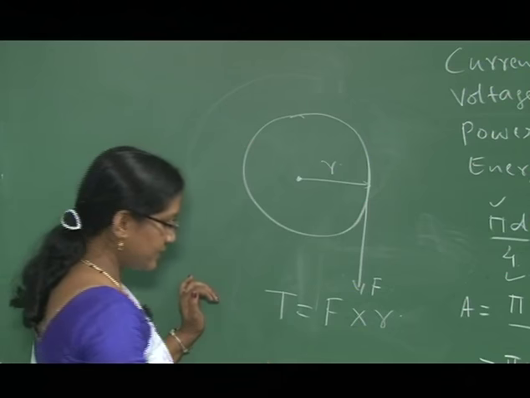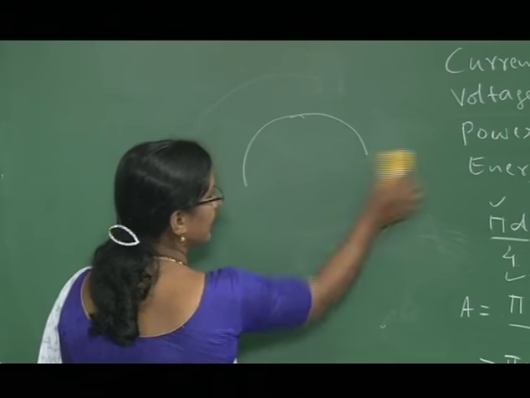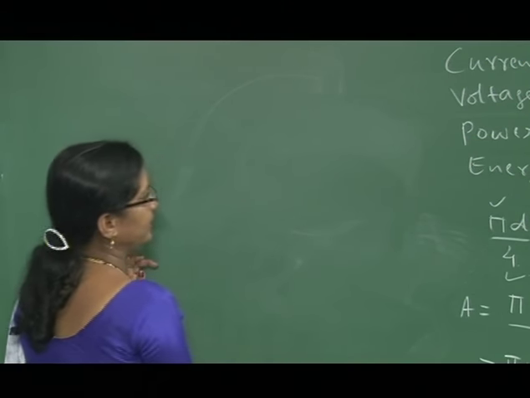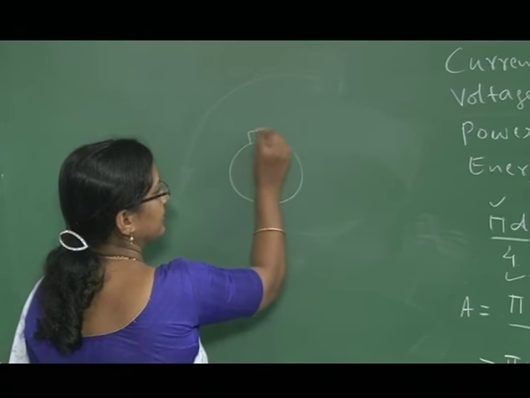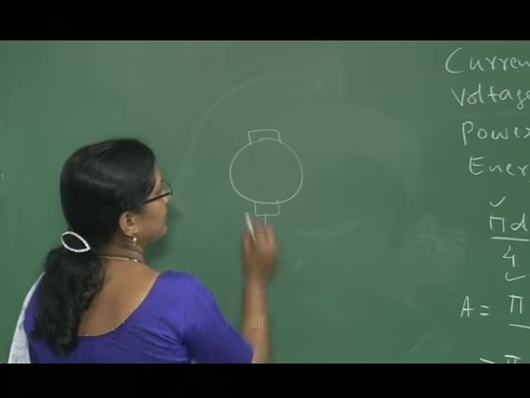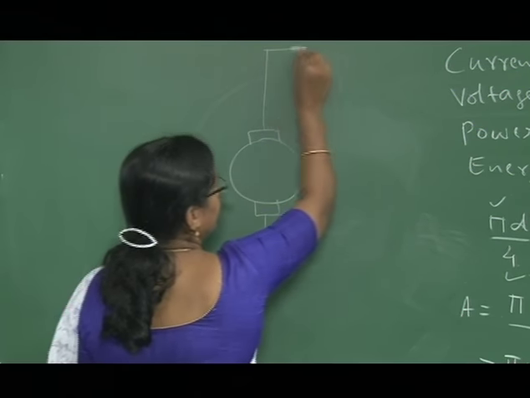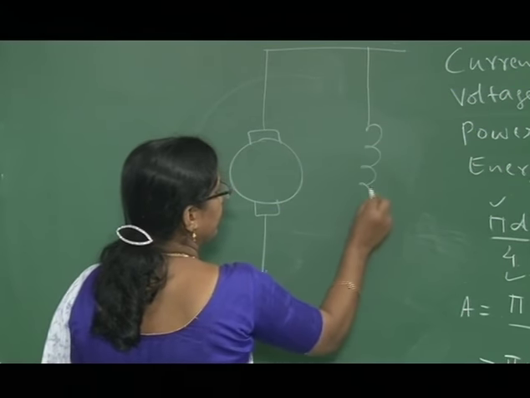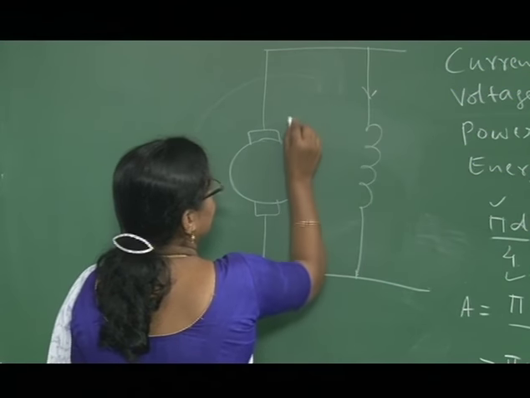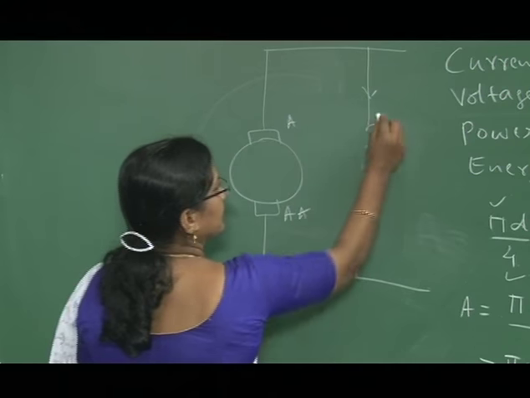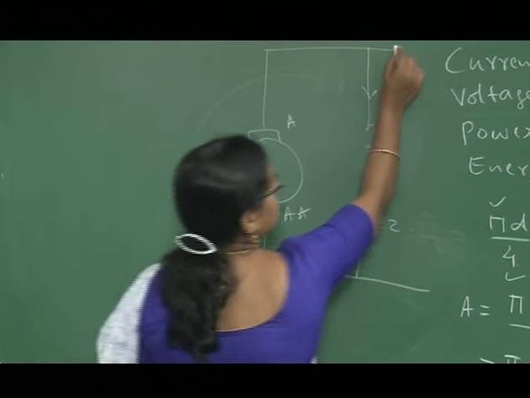I also explained the concept of how torque is produced in a DC machine. In a DC shunt motor, the shunt field is connected in parallel with the armature. Here two currents will be flowing.